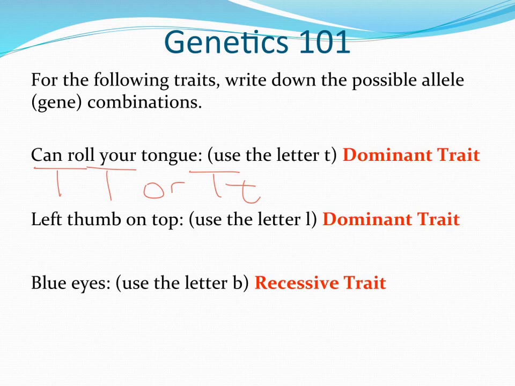Now for the dominant trait of thumb crossing, where your left thumb lands on top when you fold your hands, we're using the letter L as the representation of that gene or allele. What letters would you write down? What allele combinations could you have? So think about that, or write it down on a piece of paper.